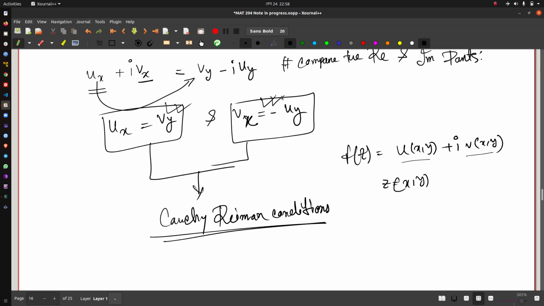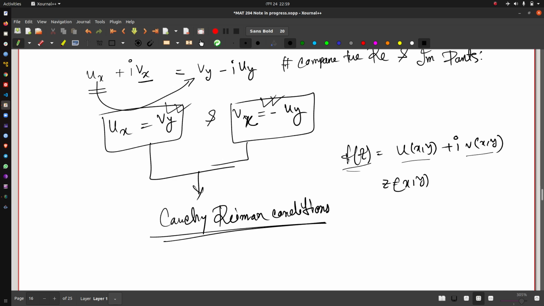And the necessary condition is kind of the reverse of this thing. The condition I just spoke about is that if f of z is differentiable, then the Cauchy-Riemann conditions will hold.